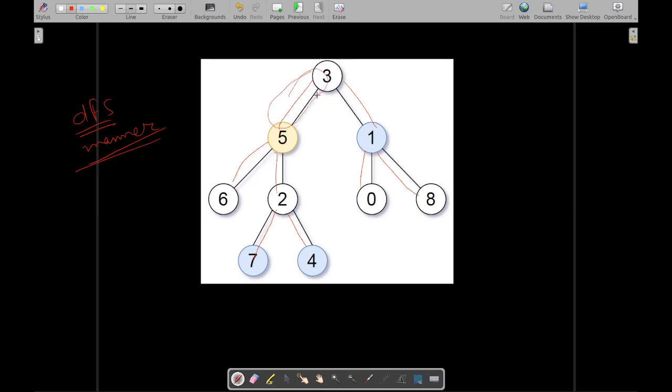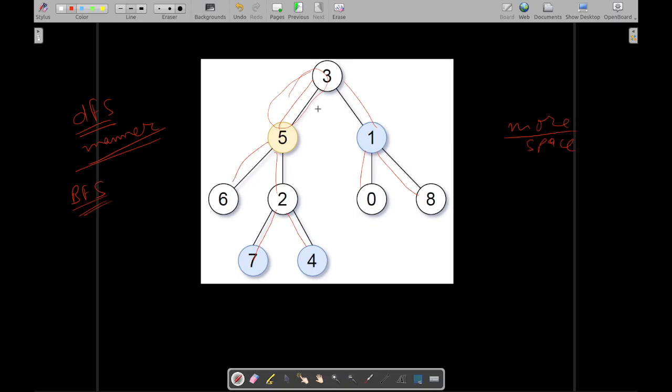How we will be adding these extra links, I will explain in the coding part. You may ask, why can't we go in a BFS manner and then add those links? It's also possible, but BFS will be using more space.